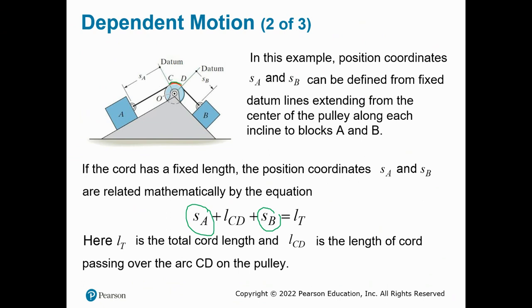The arc length CD is going to be a constant. It is the red portion of the cable; I highlighted it green, but originally it is highlighted red in the graph. LCD is a constant. Also, LT, the total length of this cable, is a constant. Overall, SA plus LCD plus SB equals LT.